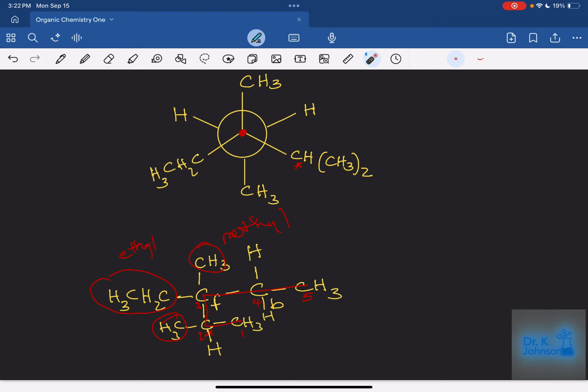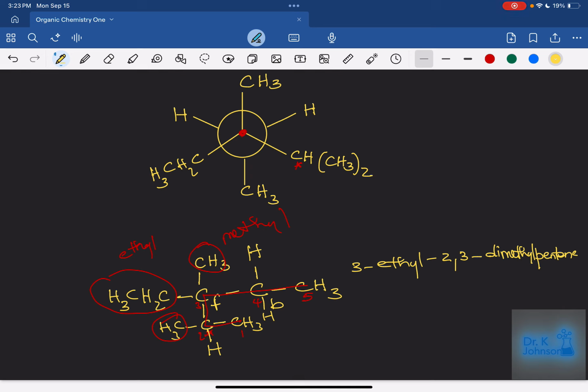So it's 3-ethyl. Your methyl groups are on 2 and on 3. So it's going to be 2,3,3-dimethyl, and it's 5 carbons in your longest chain, pentane.